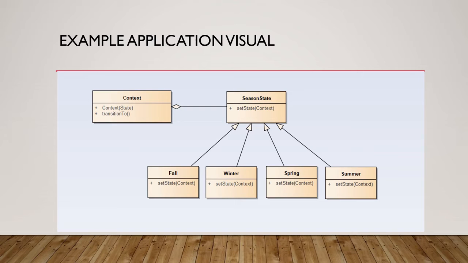Again, this will have the interface that the concrete classes will implement, will override. And we have our 4 concrete state classes, the fall, winter, spring, and summer. And again, these just implement the interface from the season state class.